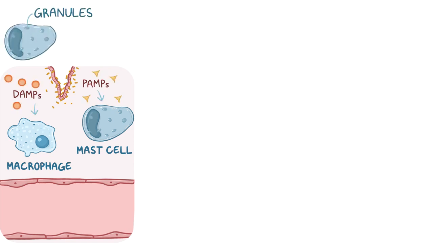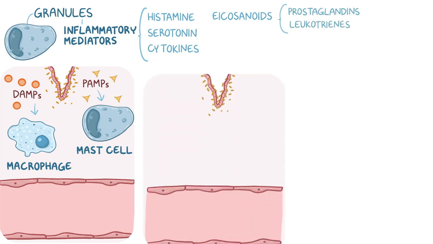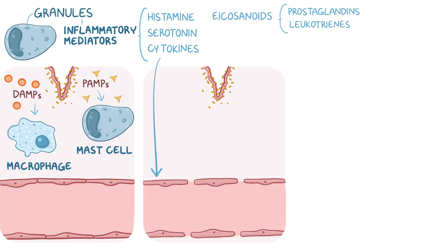Mast cells have granules containing different inflammatory mediators, like histamine, serotonin, cytokines, and eicosanoids, like prostaglandins and leukotrienes. These inflammatory mediators act on the endothelial cells surrounding the capillaries nearby, causing them to separate from each other.